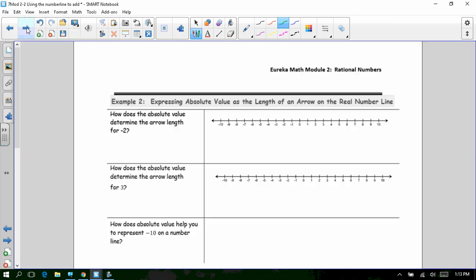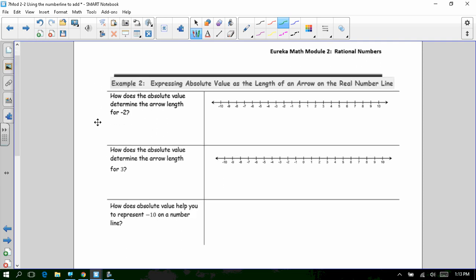All right, example 2 on the top of page 15. How does the absolute value determine the arrow length for -2? So let's talk about absolute value. Remember, math people, we're too lazy to write that whole word out. Absolute value is that crazy weird symbol, with lines going on either side of the number. The absolute value of -2 looks like that.